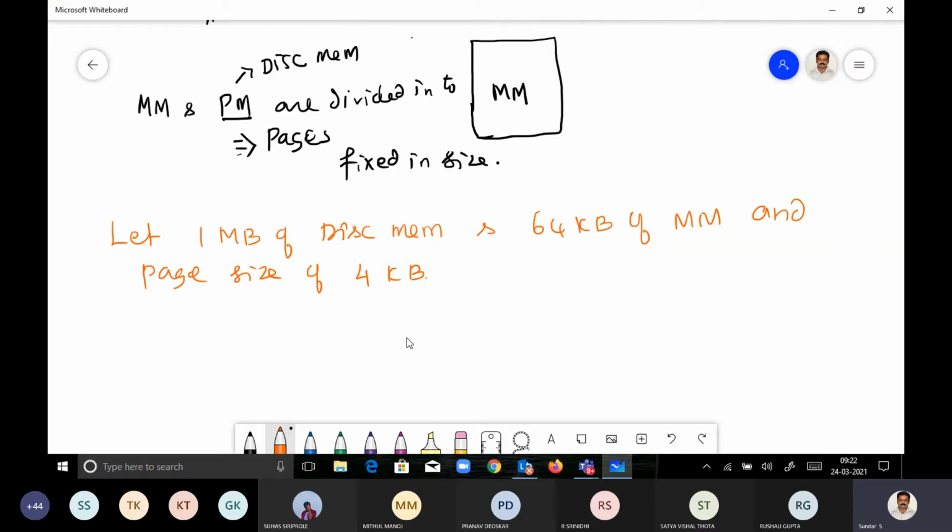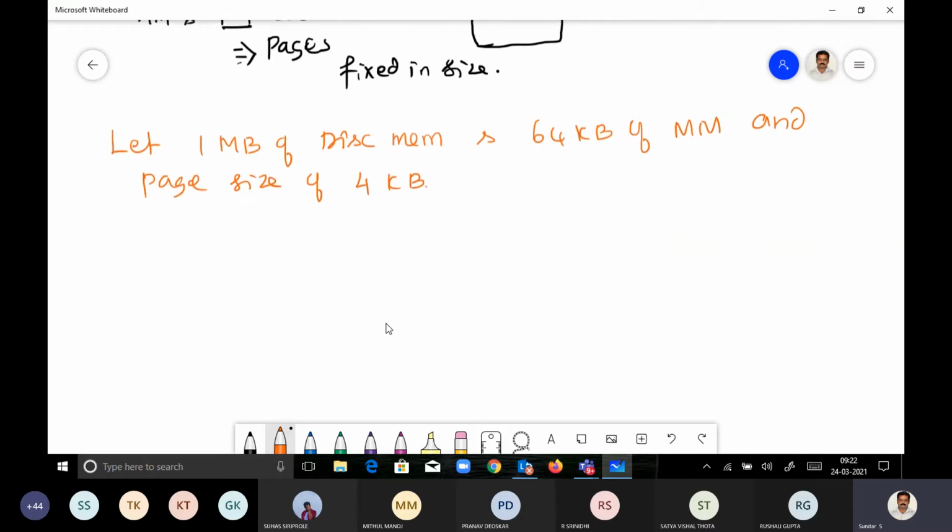Now, what's happening is this 1 megabyte of disk memory is divided into pages.